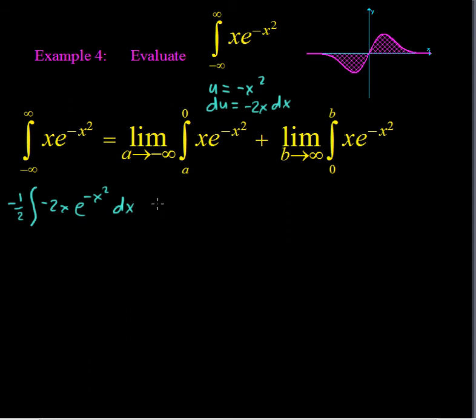And once you've made that modification, you can see that's equal to negative 1/2 integral of e to the u du, which is negative 1/2 e to the negative x squared. And it would be plus c, of course, but we're doing limits of integration here.